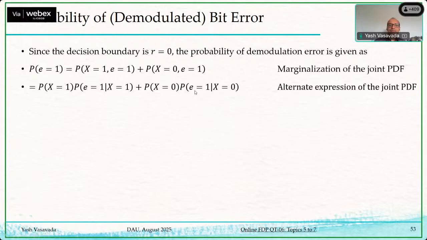What about the second case? What is going to be the situation when the receiver makes an error when x equal to 0 is transmitted? Well, again, that happens only for the cases when r is positive. Yeah, r is positive. E equal to 1 doesn't mean that error is 100%.